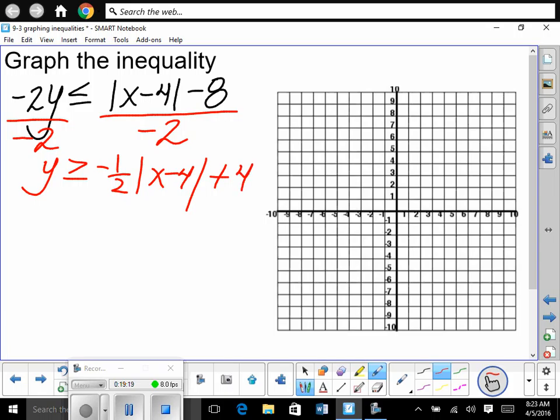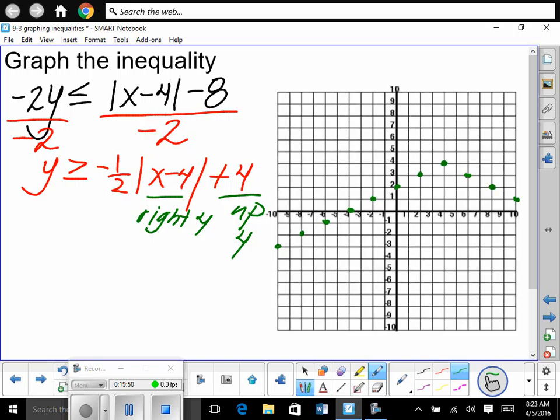Okay, so then we would graph it by going right 4, up 4, and then our slope is negative 1/2. So it's a V. That means down 1 over 2, down 1 over 2, down 1 over 2.